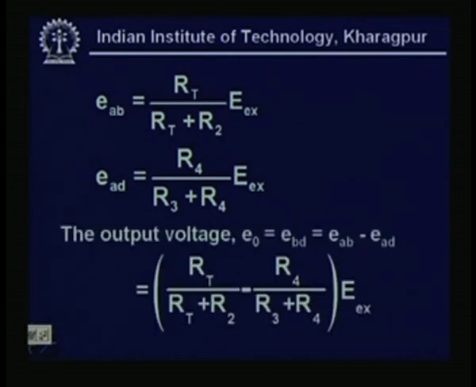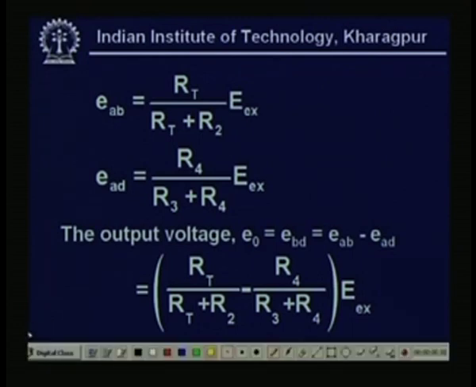Now the output voltage E naught equals EBD equals EAB minus EAD, equal to RT upon RT plus R2 minus R4 upon R3 plus R4, multiplied by EEX. So this is our E naught, equal to this voltage.